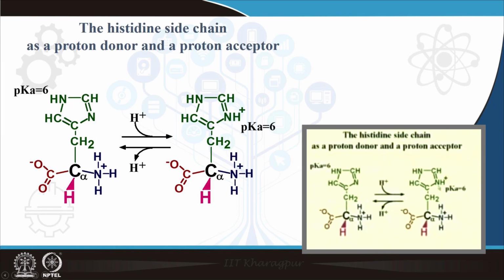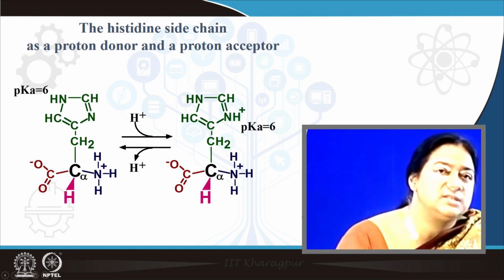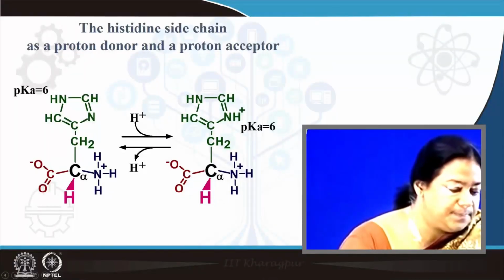So what has happened here? Apart from my, what is this? This is my asymmetric alpha carbon atom. The nomenclature of this is such that if this is the alpha carbon atom, since the carboxylic acid part and the amino part is common to all amino acids, this carboxylic carbon is always referred to as just C. This C alpha means that the side chain is connected to this carbon atom.